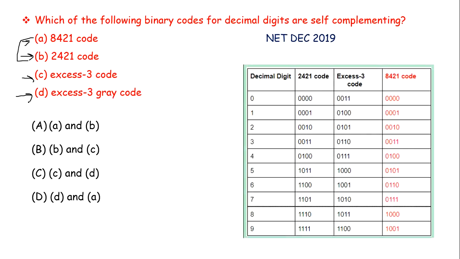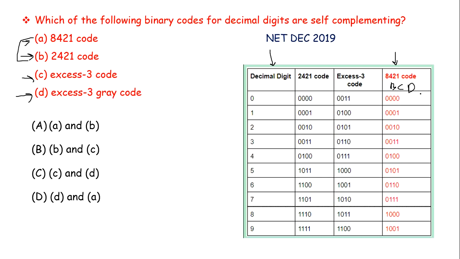So first we will make a table. In column 1 we have decimal digits 0 to 9. Next we will write the code for each method. Like in the last row we have the 8421 code, that is BCD code, binary coded decimal.